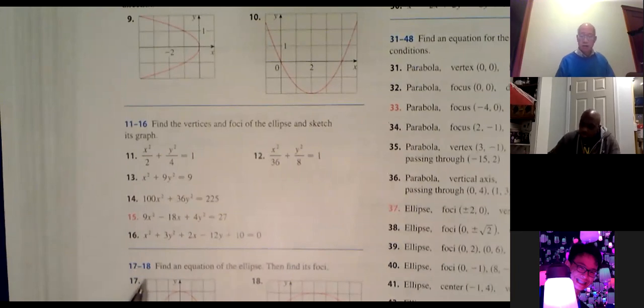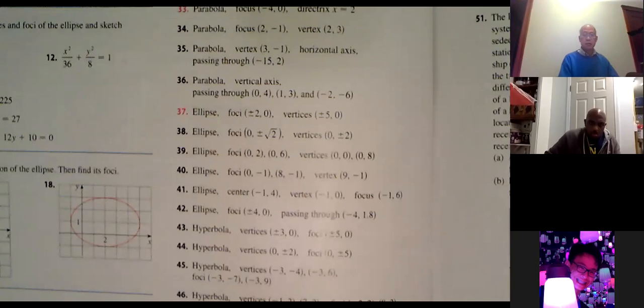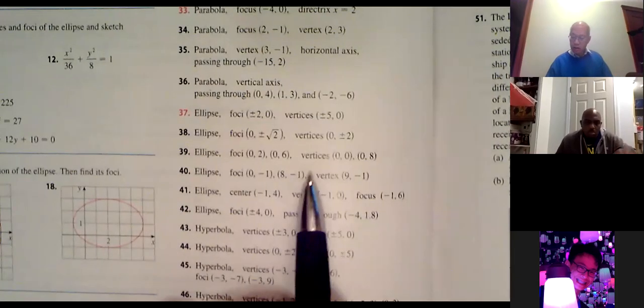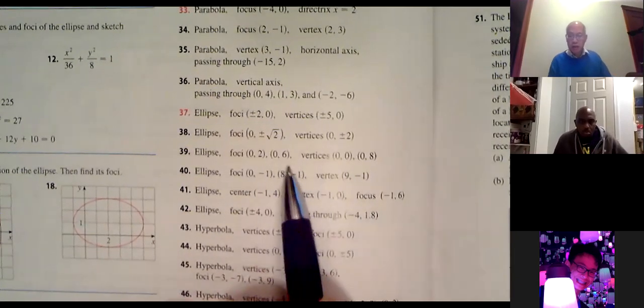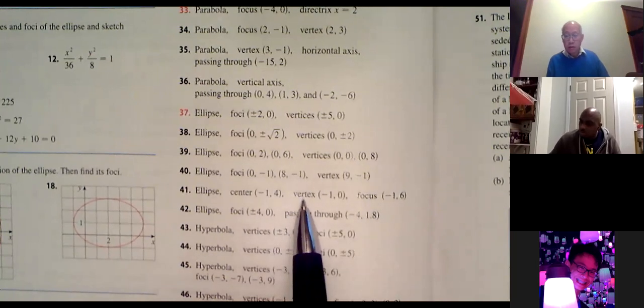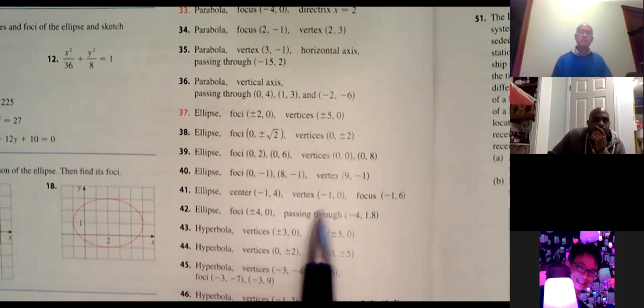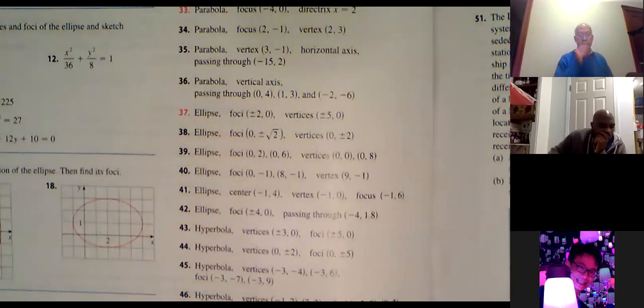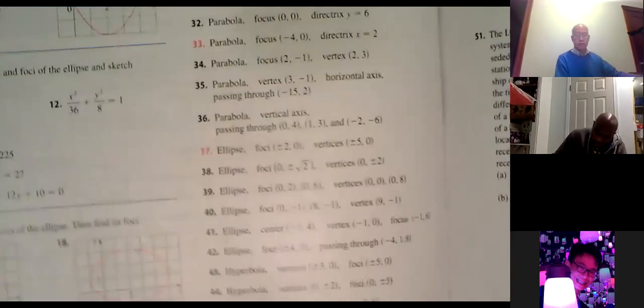That's nice so far. And 17, it's a book problem anyway. Then the ellipse problems join up again at 37. 37 is the same, 39 is the same, 41 is the same. So they did not change the 7th and 8th edition at all. All of mine will match all of yours, which is very nice.